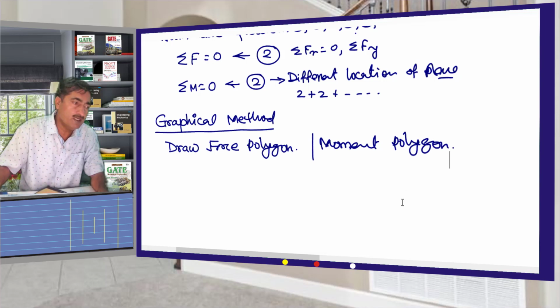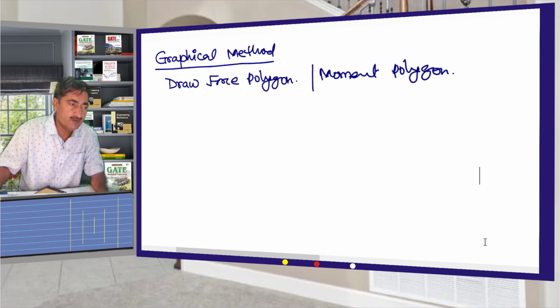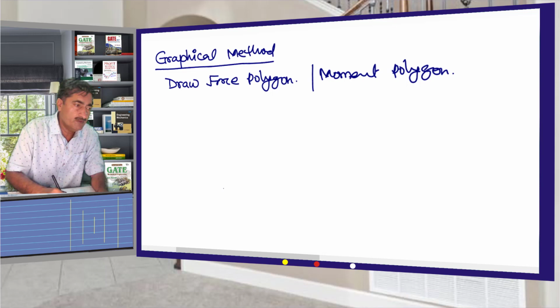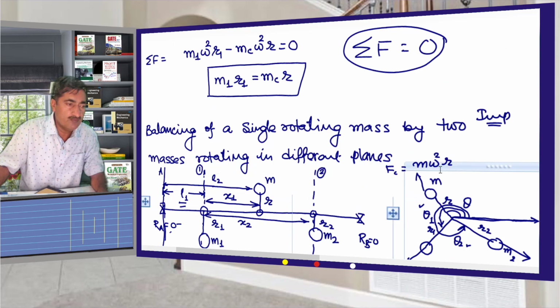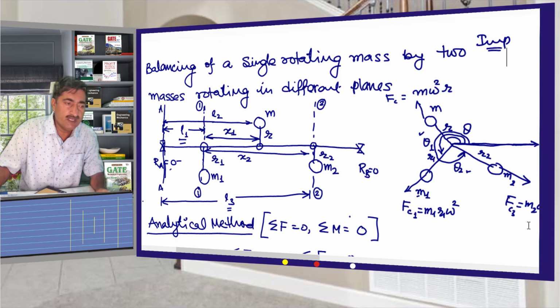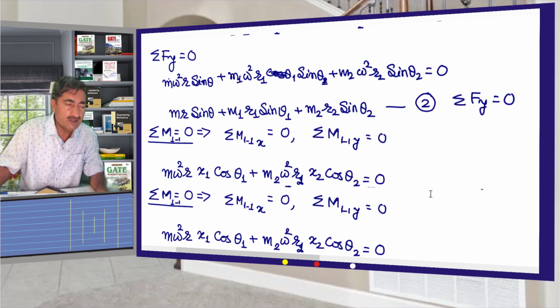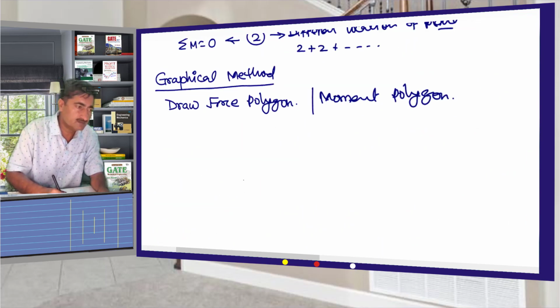In the force polygon, the total forces, means force, now from force FC, FC1, FC3, the direction is given. Draw a line. First, choose the scale.